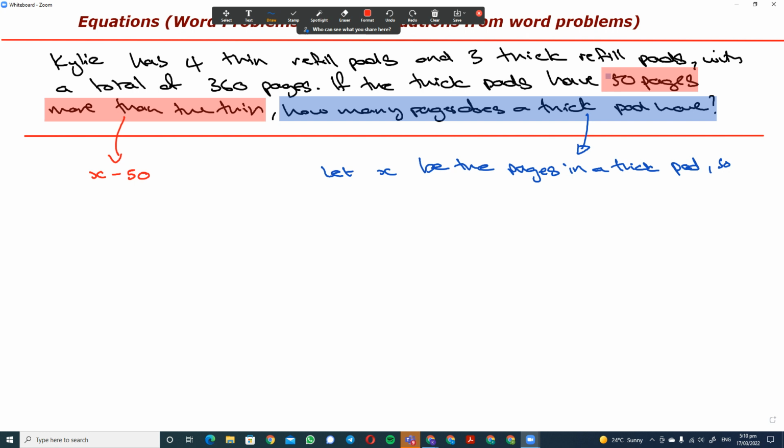All right, cool. Now Kylie has 4 thin refill pads, so 4 of those, and 3 thick refill pads, so 3 of those.